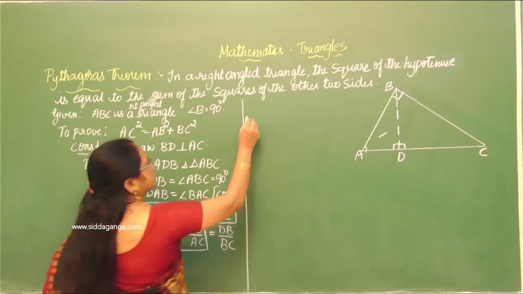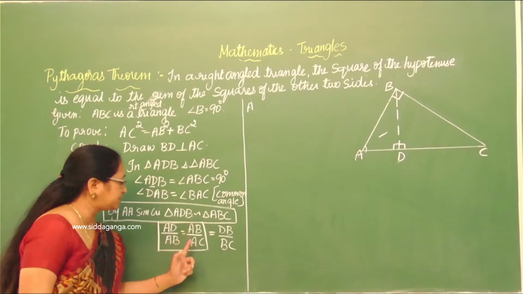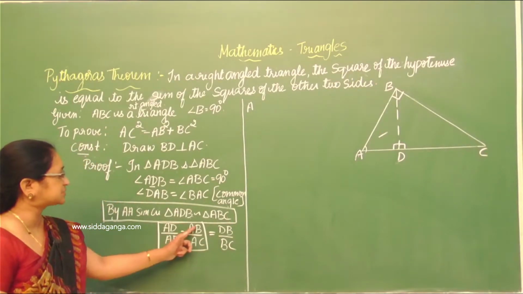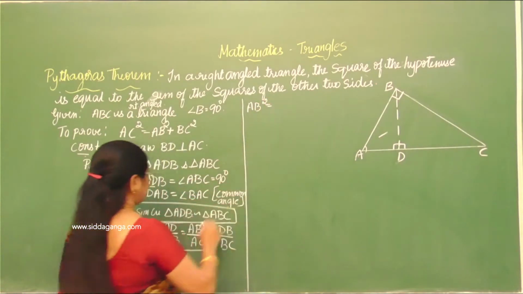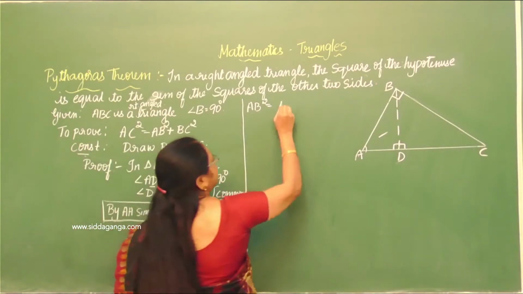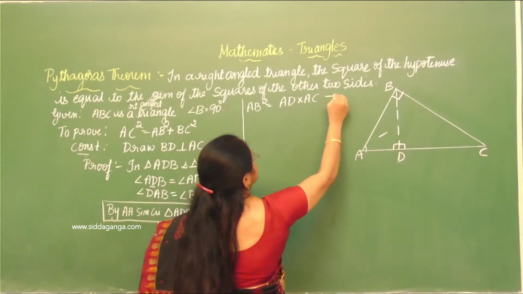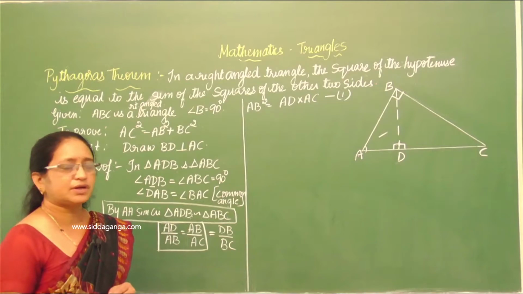See, just observe this: AD by AB is equal to AB by AC. So from this, can I cross multiply? AB square is equal to AD into AC. So this is one equation for us. One equation we got. Okay, I hope you understood.